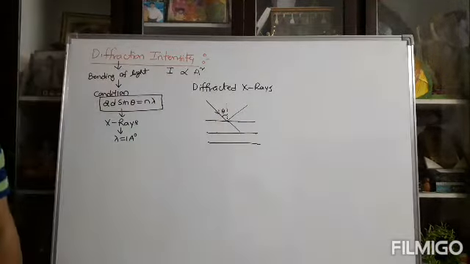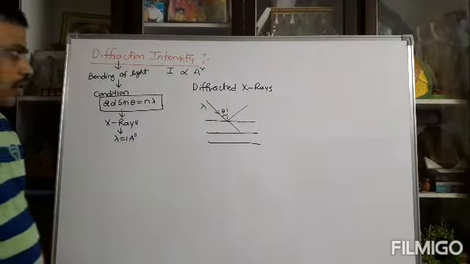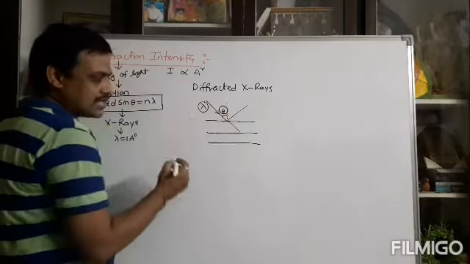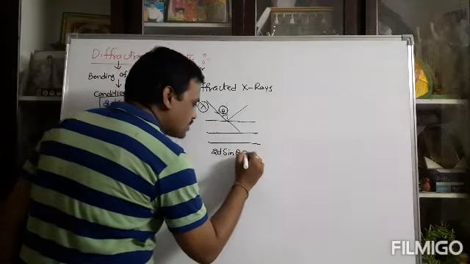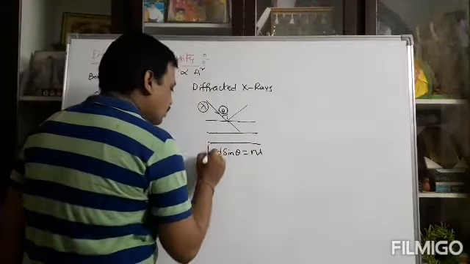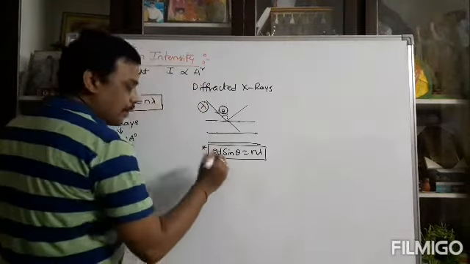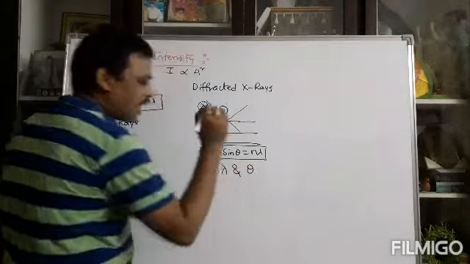The incident wavelength is lambda. The lambda value and theta value must be balanced so they obey the diffraction condition, 2d sin theta equals n lambda. This condition is obeyed at a particular wavelength and a particular glancing angle.